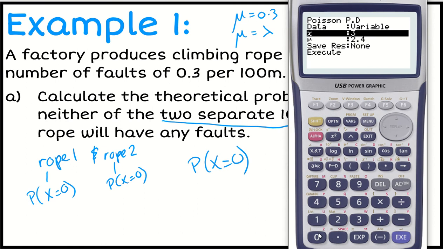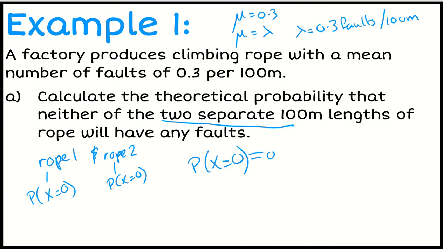The X value is 0, because I want to find the probability of 0 faults, and my mean rate is 0.3 faults per 100 metres. That gives me a probability of 0.7408 to 4 decimal places. So that's the initial part, finding the probability of no faults.